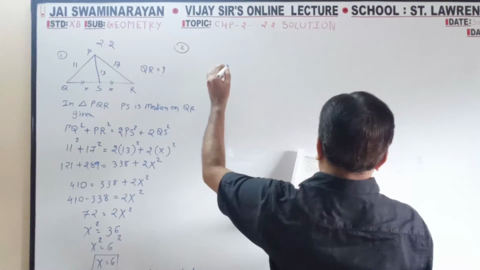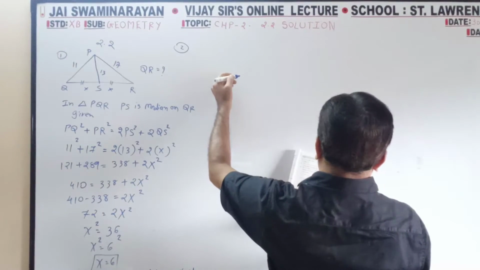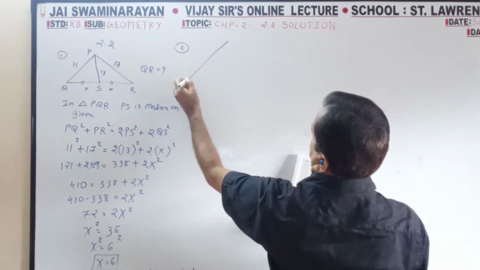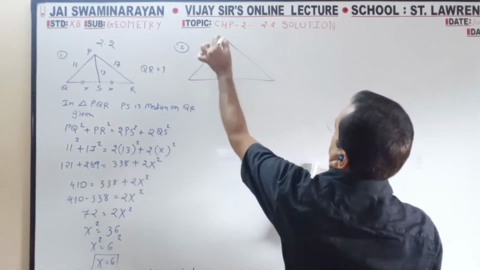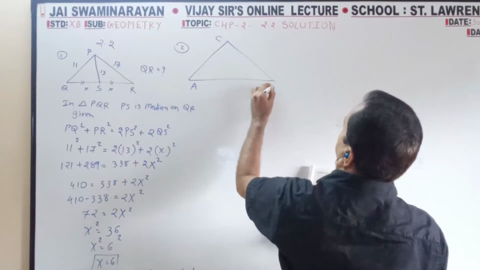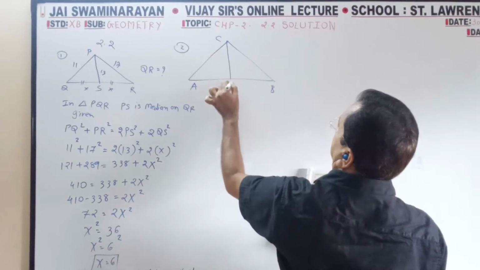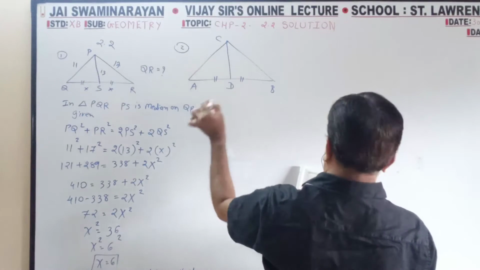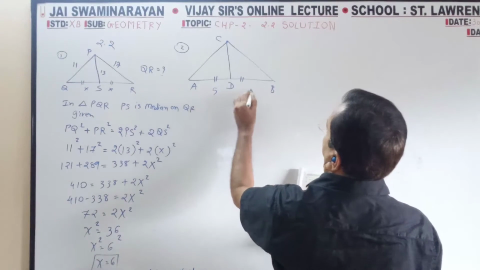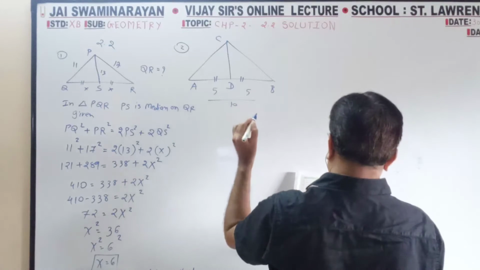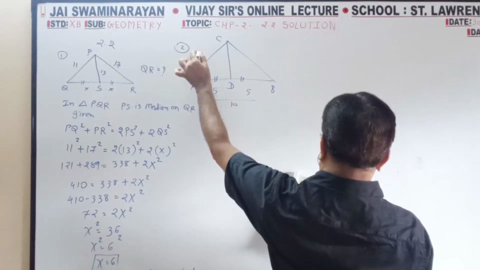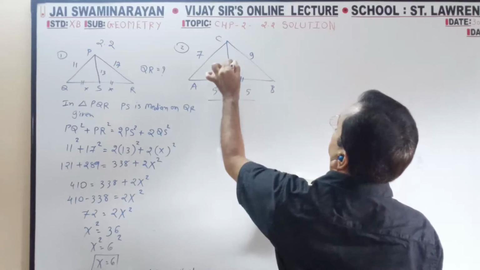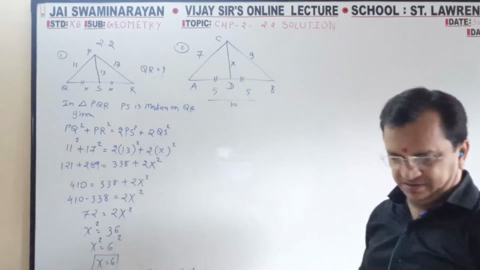Second, C outside. C, A, B, this is B, median, same formula. AB is 10, so this is 5, 5. That we have to show in calculation. This much is given.